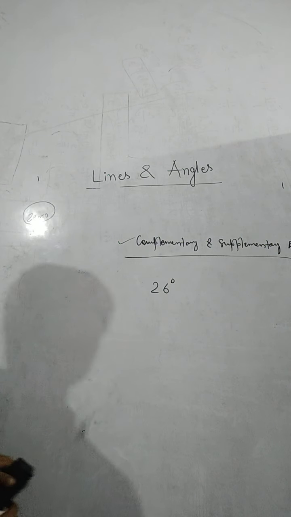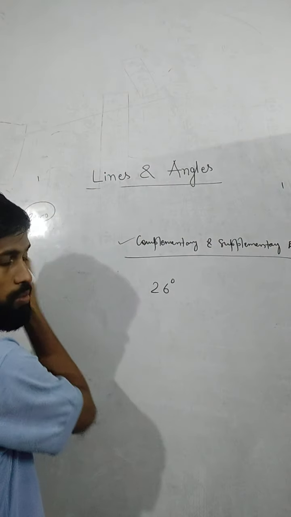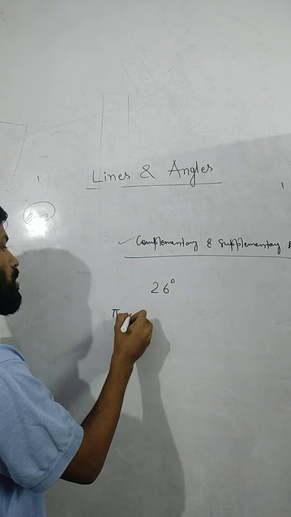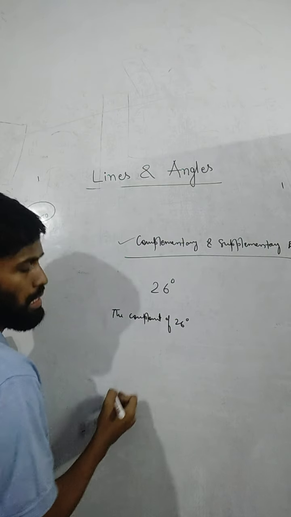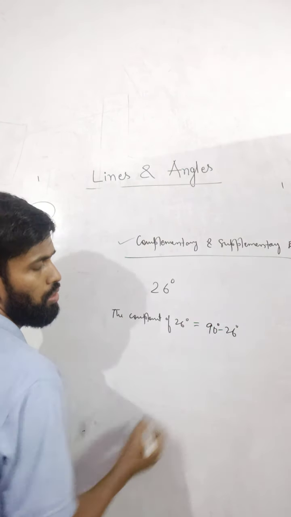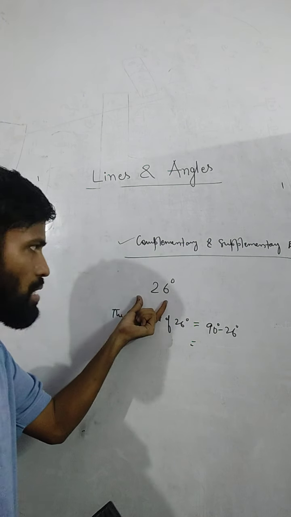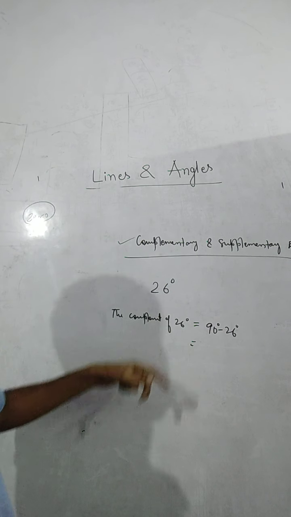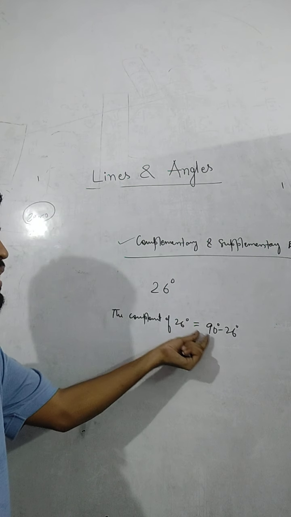Since the sum of the measures of two complementary angles is 90 degree, therefore the complement of 26 degree would be 90 minus 26. If one of the angles is 26 degree and the question is find the complement of 26 degree, then the answer would be the complement of 26 degree is 90 minus 26.